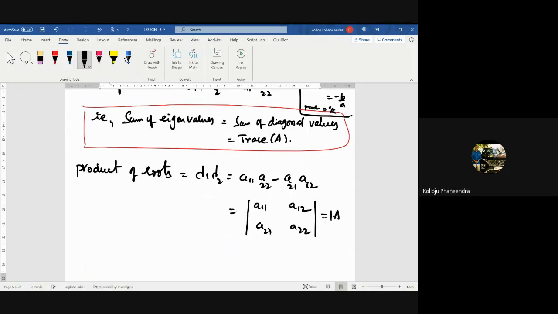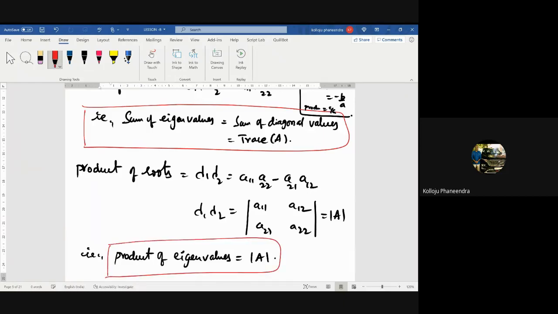That is nothing but the determinant of A. So the product of eigenvalues is equal to the determinant of A. Got it? This is one beautiful property of eigenvalues and eigenvectors.